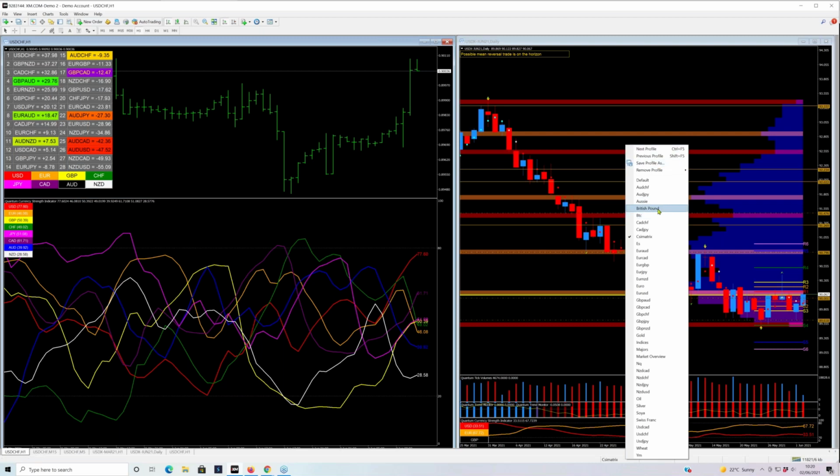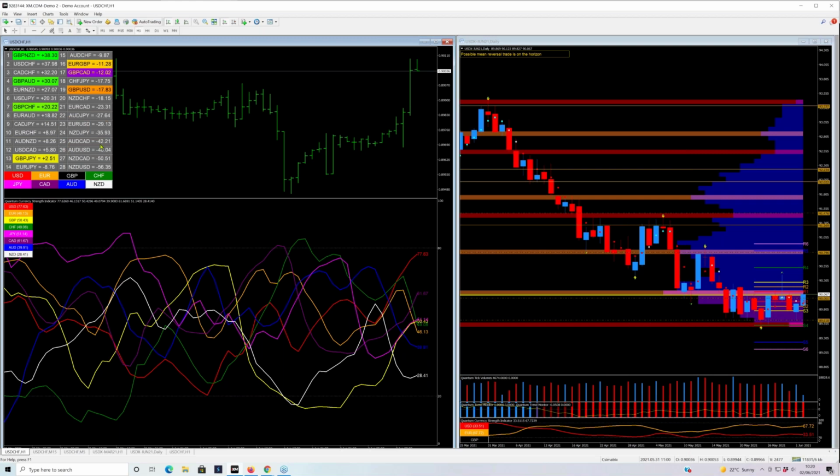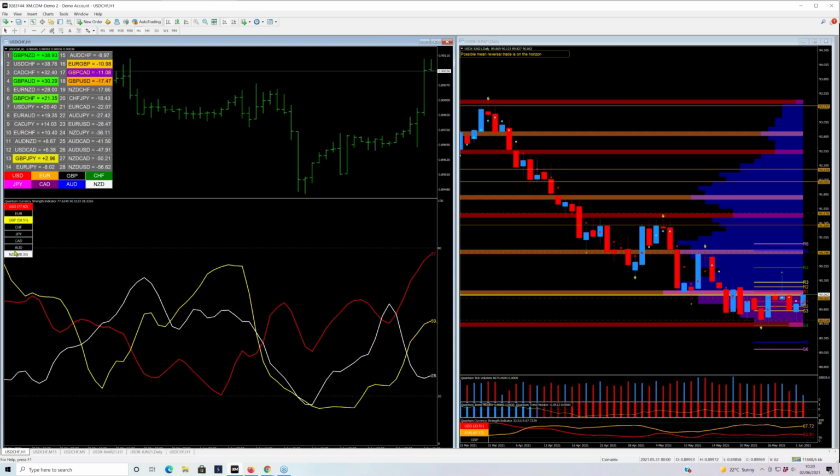I didn't really bother with the others. My other point is cable. That's interesting because we can see this strong buying in the dollar. But the thing with the cable is, you can see here, let me just take that off and you can see it better.